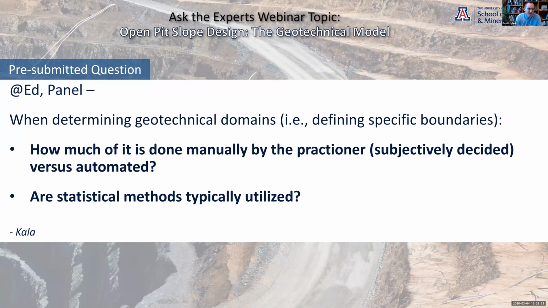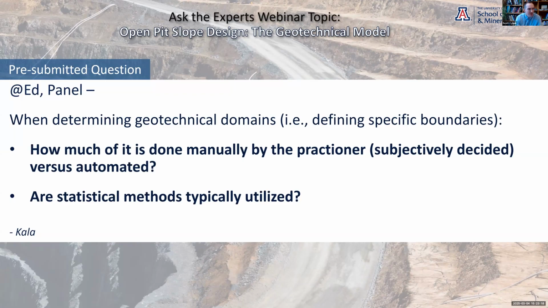Before you start this process for any property, make sure you read up about the geology, understand the sequences of how the rocks were put down, what the different alteration types at the mine are, and go into the domaining process thinking geology first, and then overlay your geotechnical data on top of that and see how things might shake out, right?